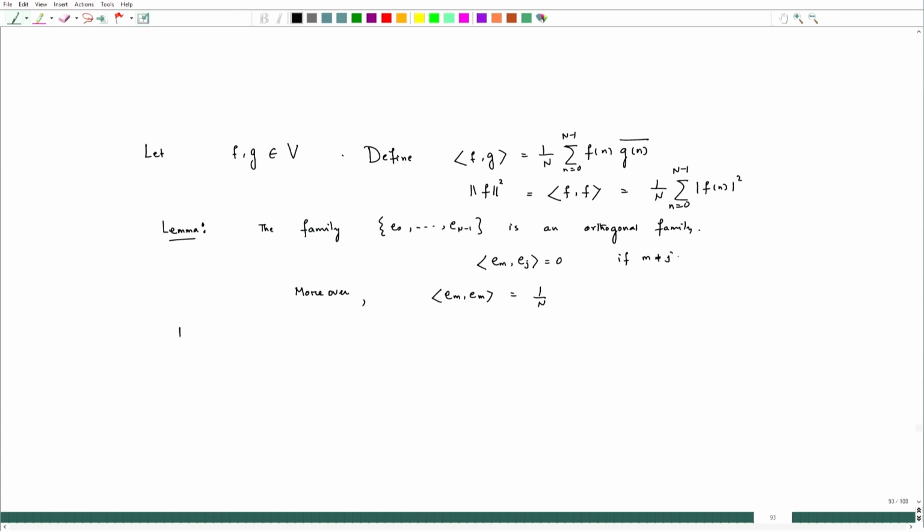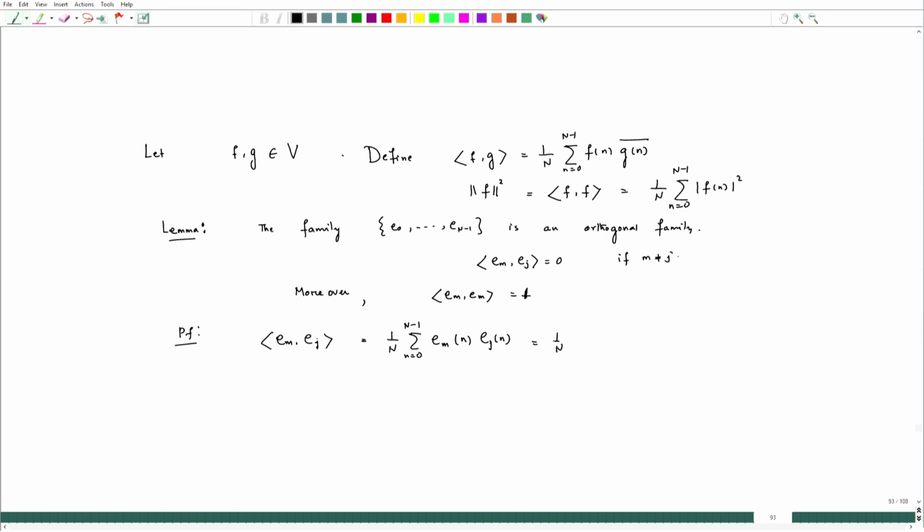Now, let us do the proof. The proof is simple, just writing down the definition: (E_m, E_j) is equal to 1 by n summation over n equal to 0 to n minus 1 of E_m(n) E_j(n) bar.